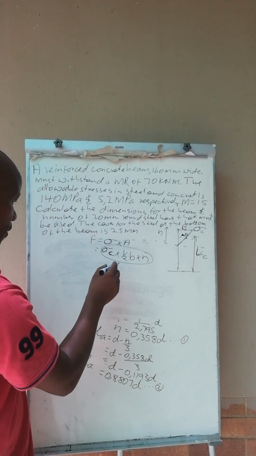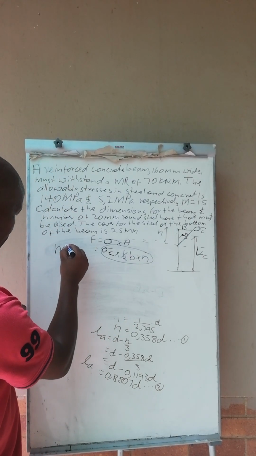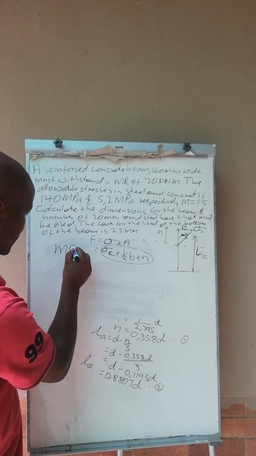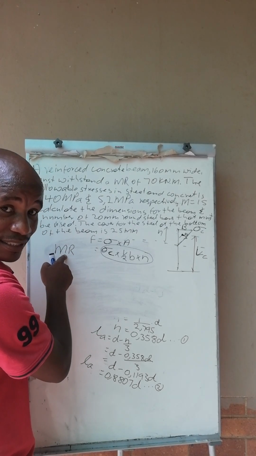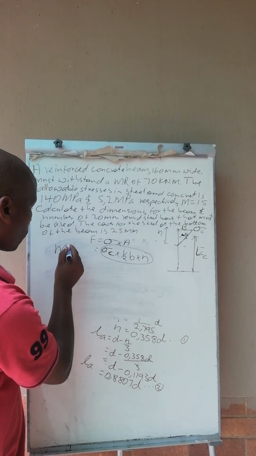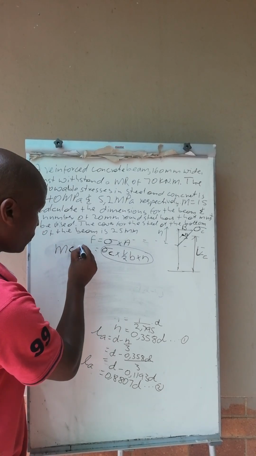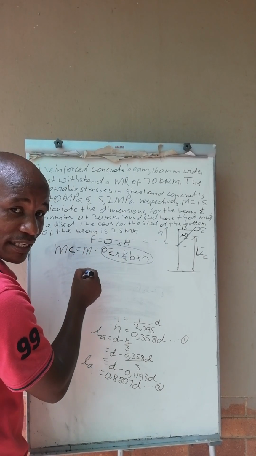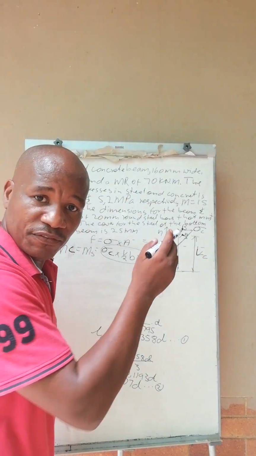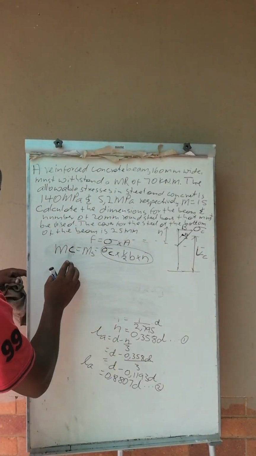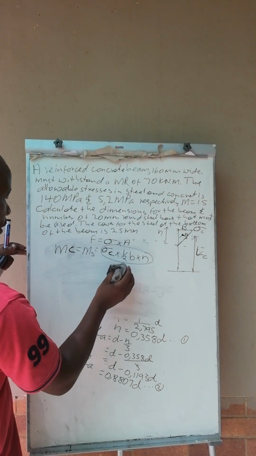Now, the moment of resistance in concrete is equal to the moment of resistance in the steel. We proved it as well. Now, let's consider the moment of concrete.